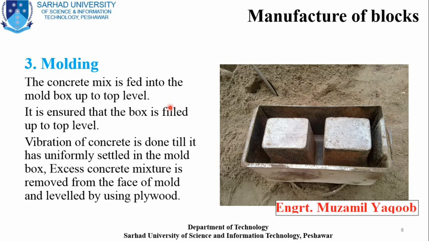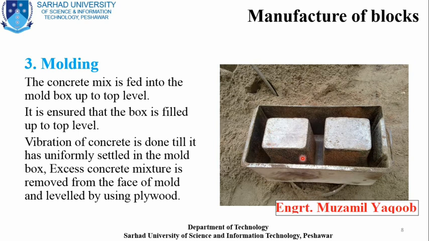Next part is molding, right? So here in this picture you can see a mold. So normally we have two types of molds. One is called plywood mold, which is made of ply, and another one is called steel mold. So in this picture you are seeing the steel molds, right?